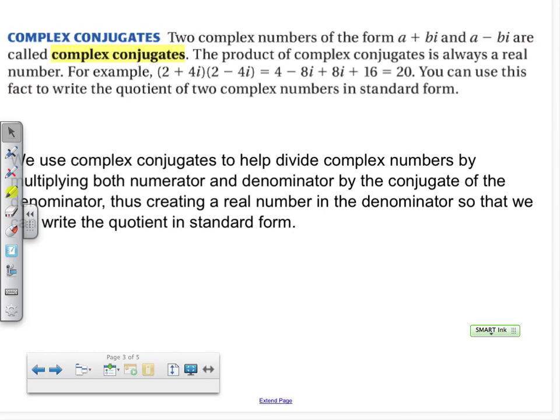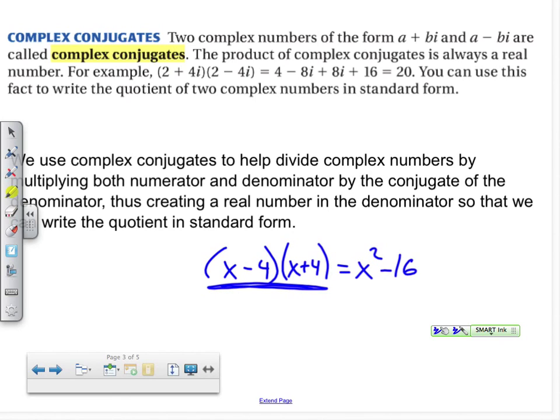An example of difference of squares, x minus 4, x plus 4, that's a difference of squares because when you multiply it out, it's a subtraction of two squares. And these are called conjugates because one's adding, one's subtracting. And when we multiply it, if we did our box, we'd have negative 4x and positive 4x, and those would cancel. They're called conjugates because of that canceling.